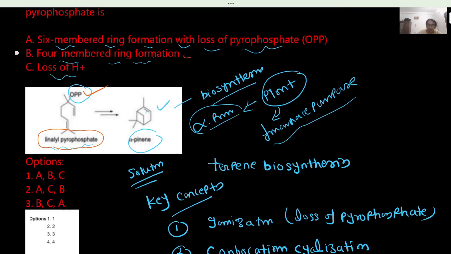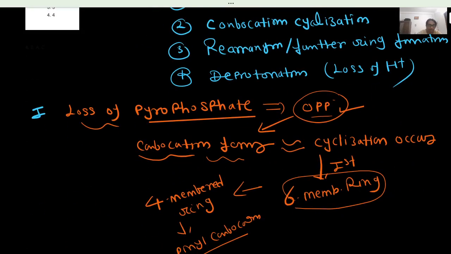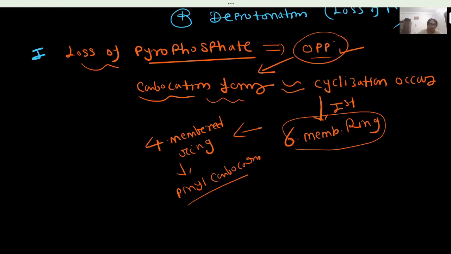Now the third one is the loss of H plus ion, that is the deprotonation. This converts the carbocation into the alkene of alpha pinene.